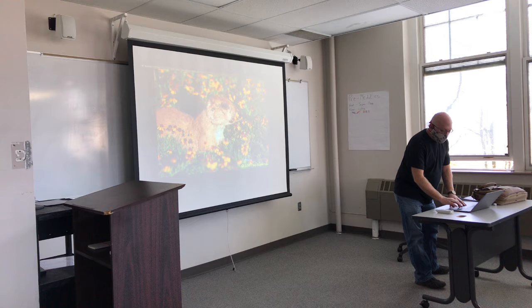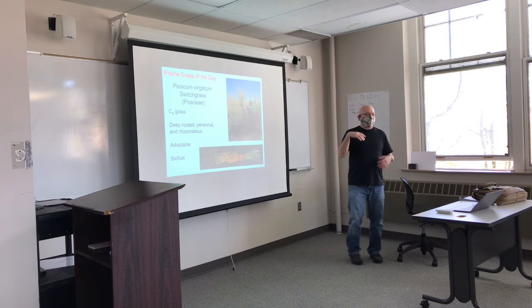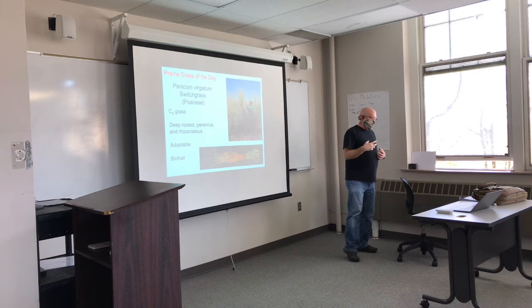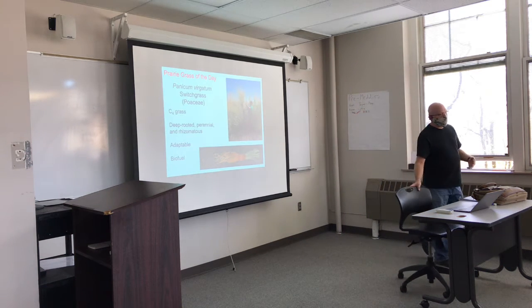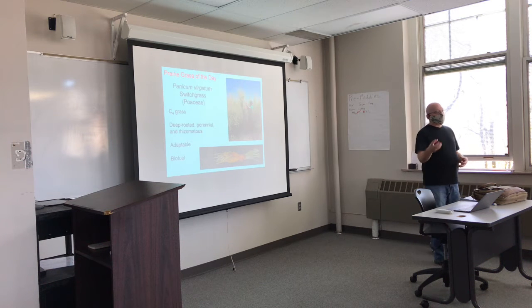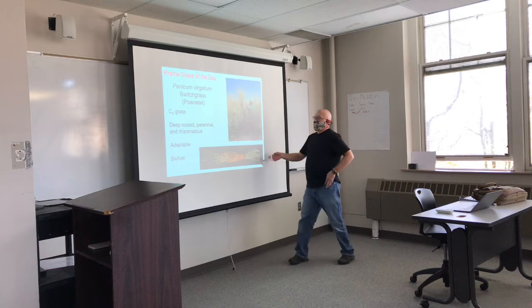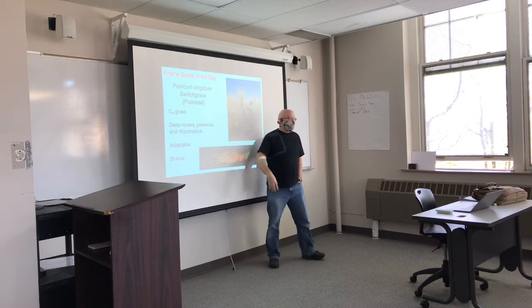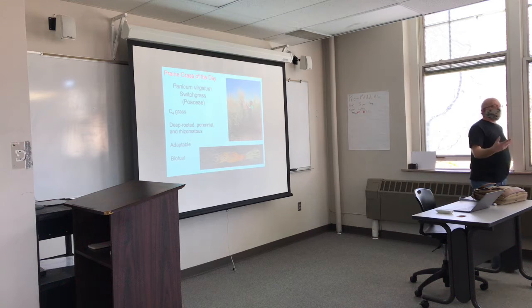So before we get into nutrient cycling, once again, going back to this general idea, when we think about prairie grasses and forbs of the day, one of the ways that we can take these details and systematize knowledge is we can look at Panicum virgatum, which is switchgrass, and ask what we can hang this information on.